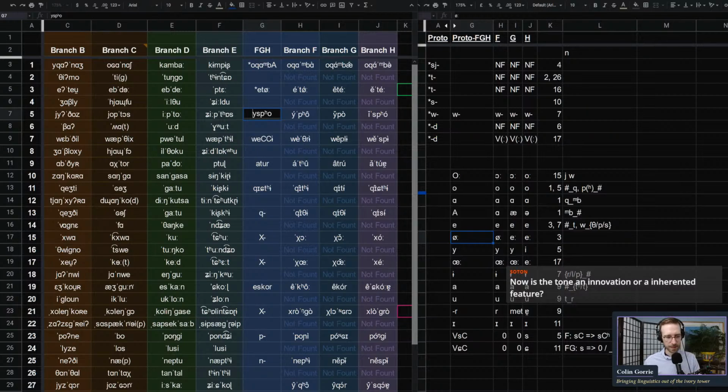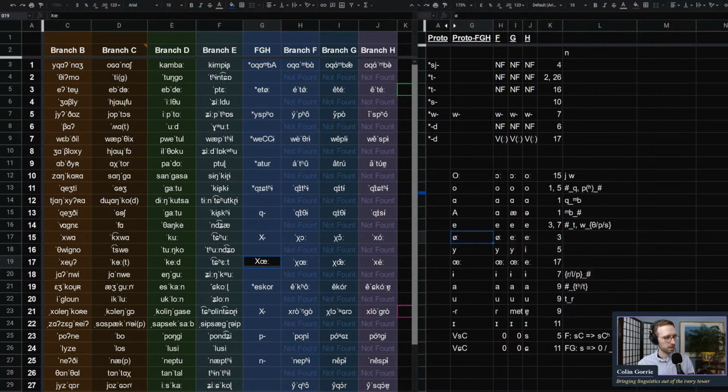So let's be good historical linguists and mark our reconstructions as such. And here I think we have this. Not sure if we have a uvular or a velar fricative in the proto-language, and not sure about the height of this O in the proto-language.